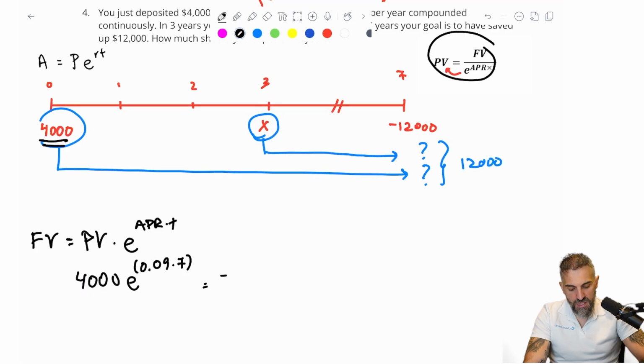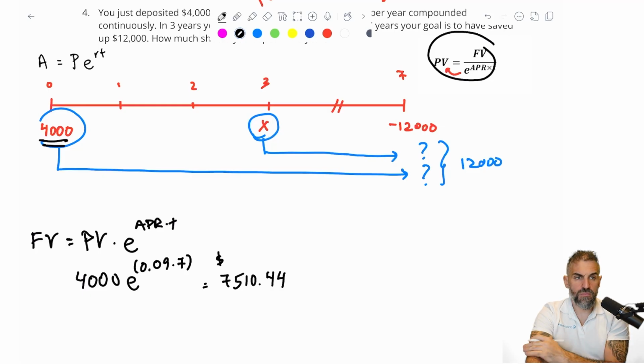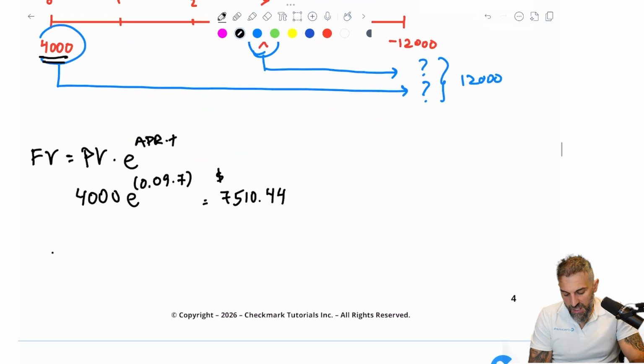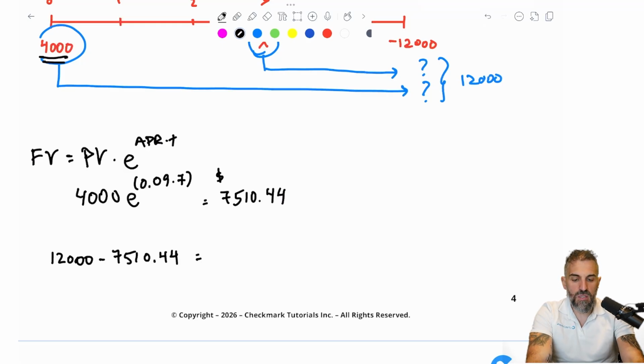So this will grow into $7,510.44. That 4,000 alone will become 7,500. Okay. So now, if I know that I need to have 12,000 minus the $7,510.44 that I'm going to have just from that, that leaves me with $44.8956.